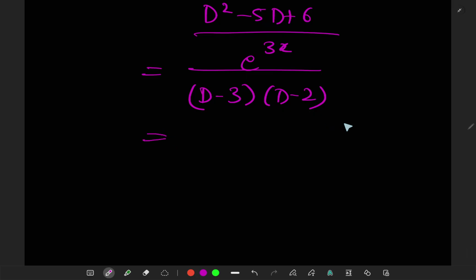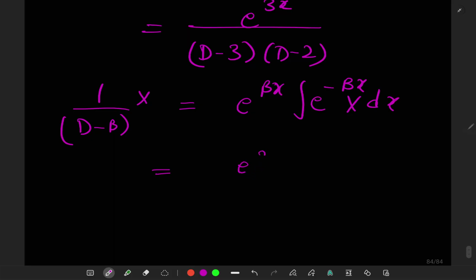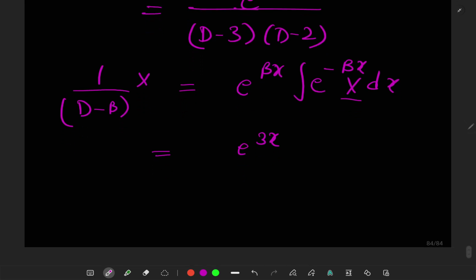Now using this equation, so we can write here x is this e raised to power 3x.